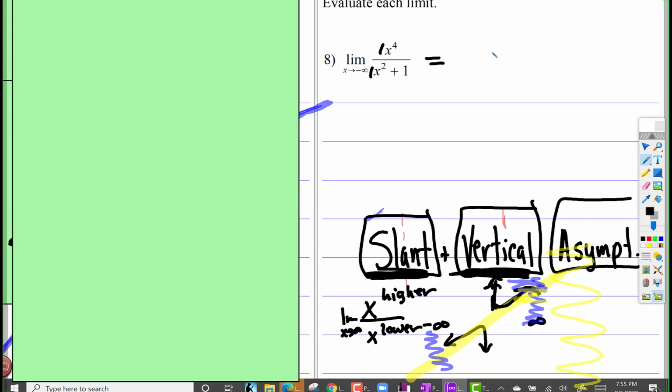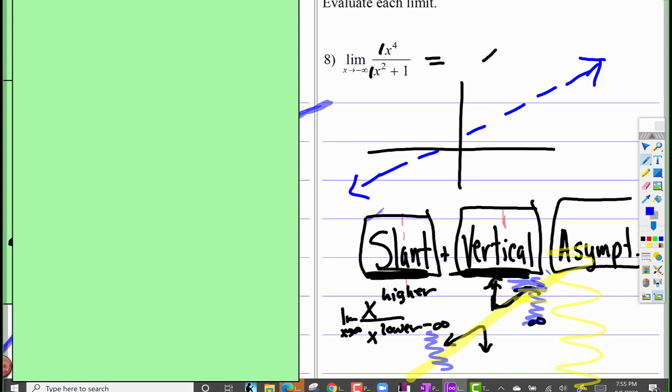Somewhere you can look at the asymptote then. If you don't have vertical asymptotes, what you're going to be doing almost is looking at, so that's going to be an x to the fourth over x squared essentially simplifies to an x squared, and somewhere in there would look something like that.